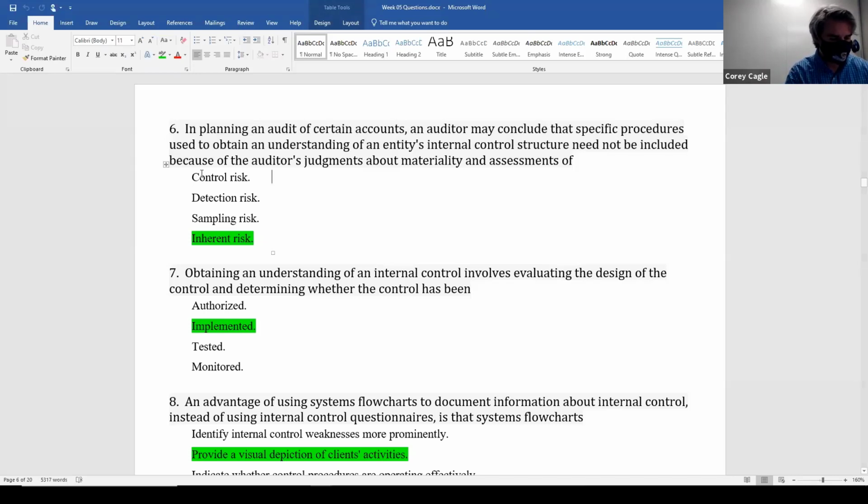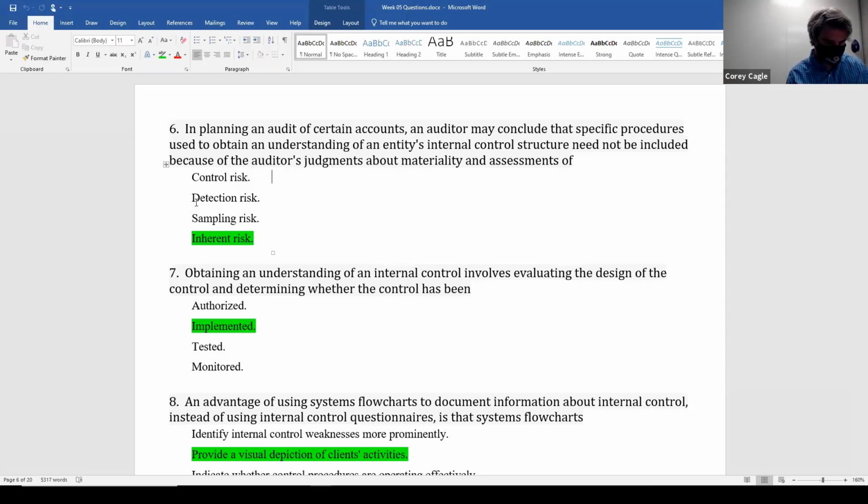You don't have an idea about control risk until you get an understanding of the control. That tells us we're not even bothering to obtain an understanding of the control, so we can throw that out. Detection risk is a result of our assessments. We learned that last time, control risk and everything. Sampling risk is not even a term we've been introduced to yet.